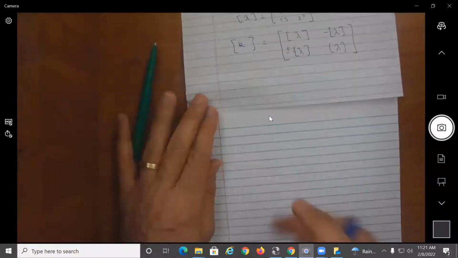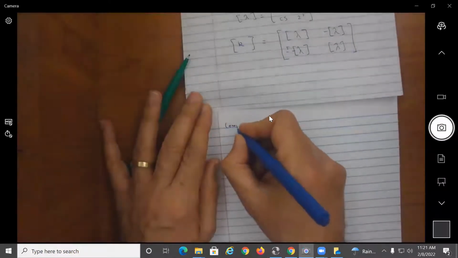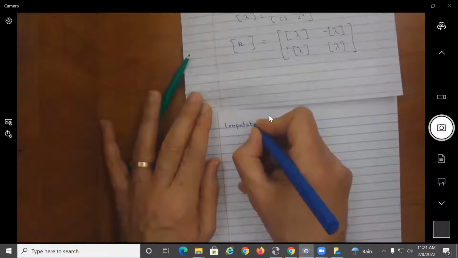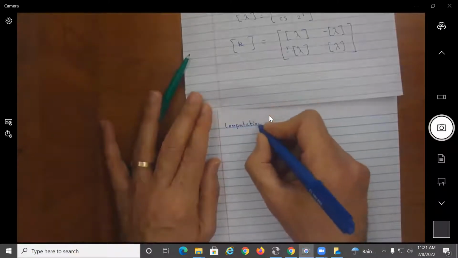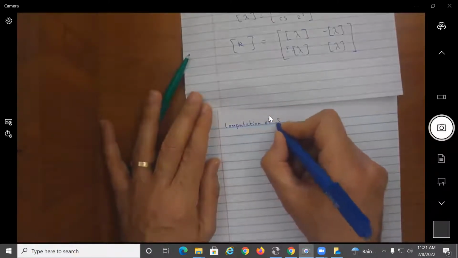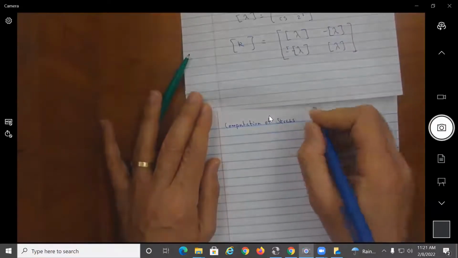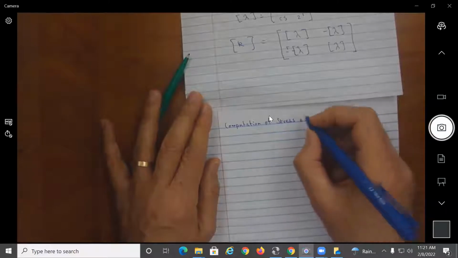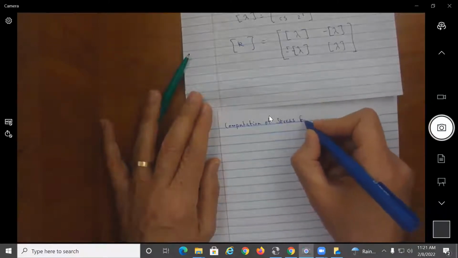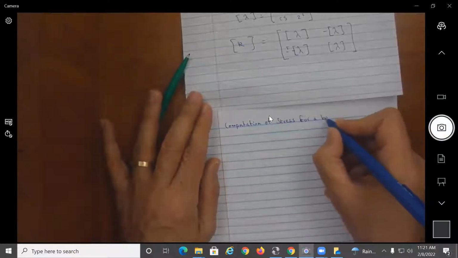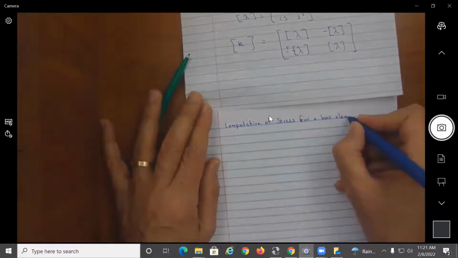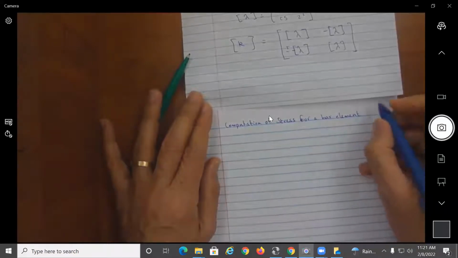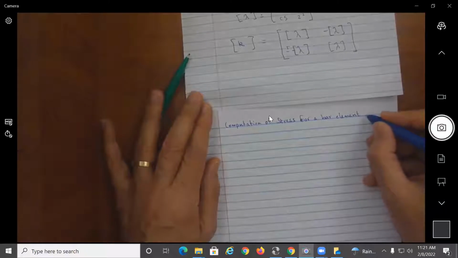Before we do the example, we want to look at the computation of stresses for a bar element in the XY plane.